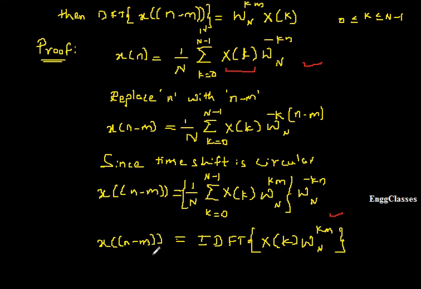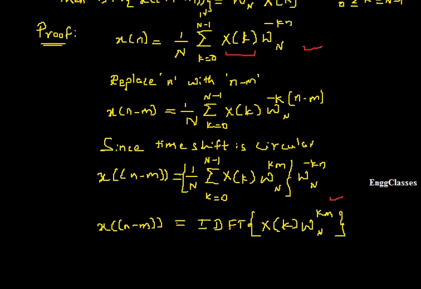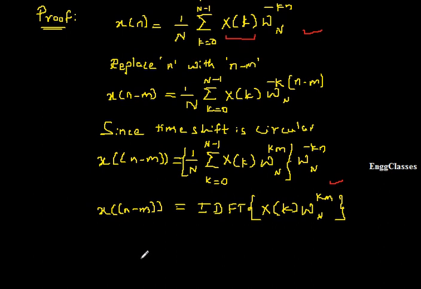So this is what we got now. But if you look at the definition, I want DFT of x of n minus m. Whatever I have is only x of n minus m, and I have to take the DFT. And on the RHS, there is nothing, but here, if you look, there is IDFT. So if I take DFT on both sides, this IDFT and DFT would cancel, and I'm going to get this term. That is what I was looking for. Therefore, I have to take DFT on both sides.